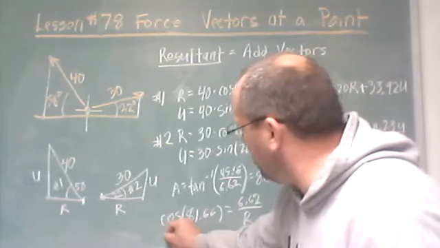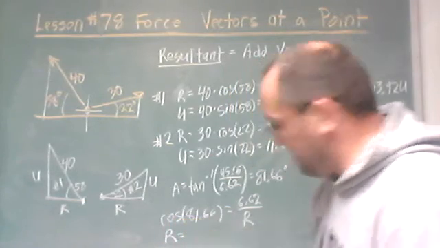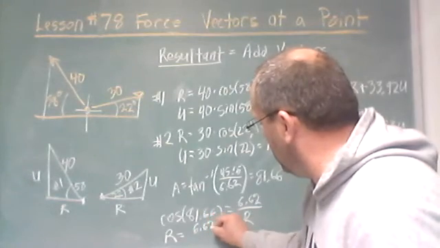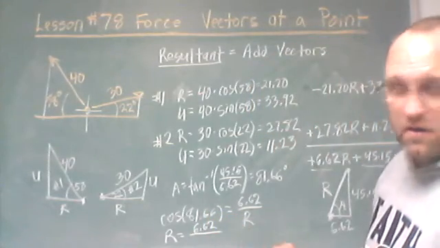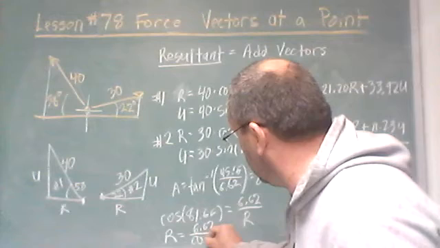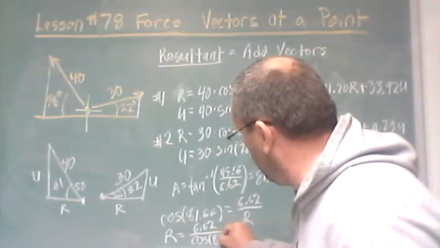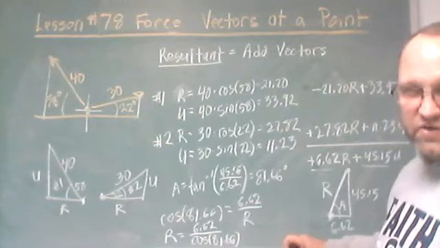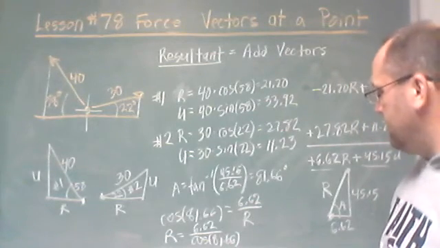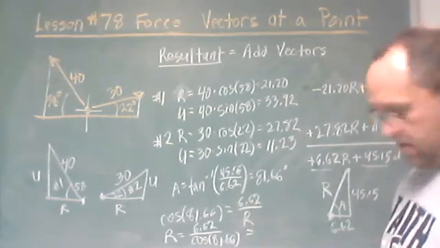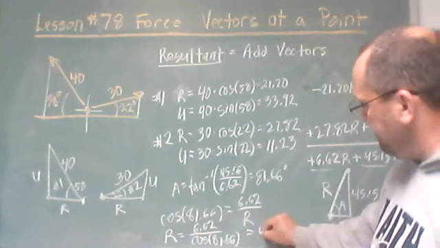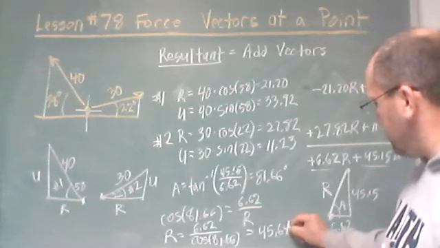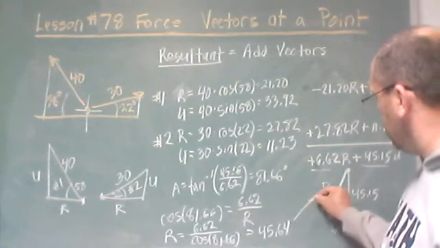Yeah, so that leaves me R will then be equal to 6.62 over the cosine of my reference angle, 81.66. I'm just barely squeezing that in there. Good. And what do I get for an R? I get a 45.64. Okay, that is R.